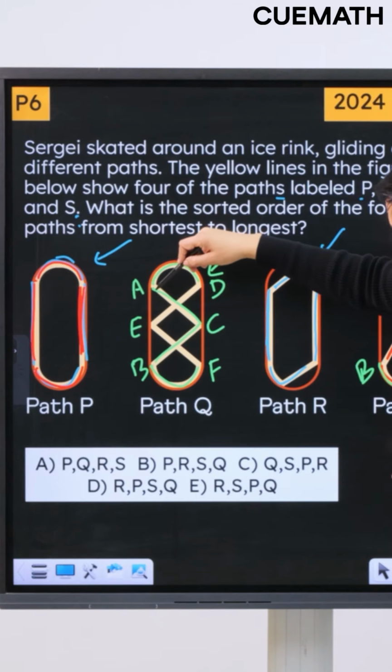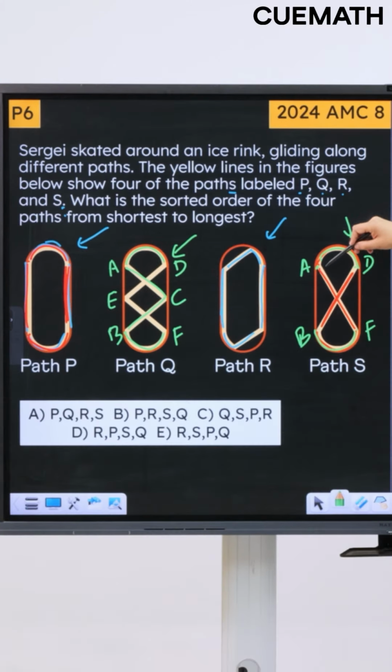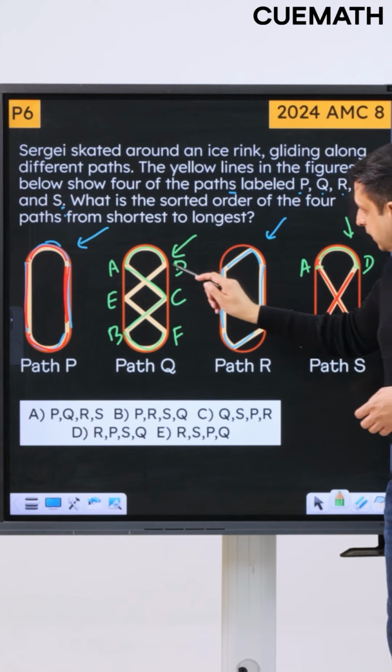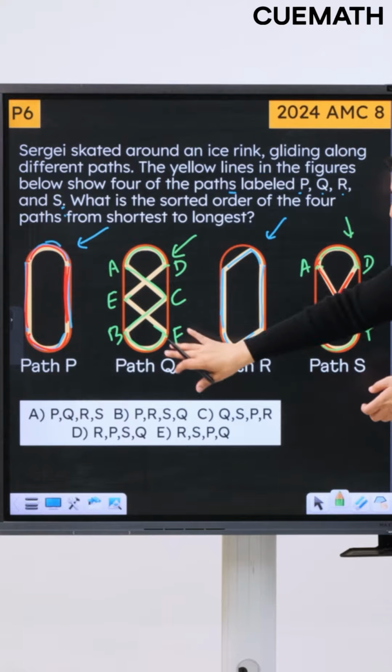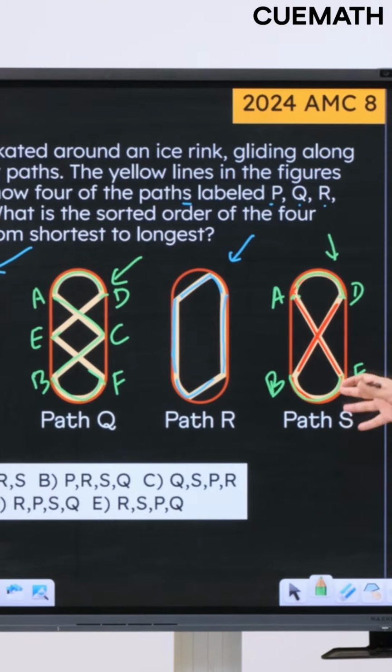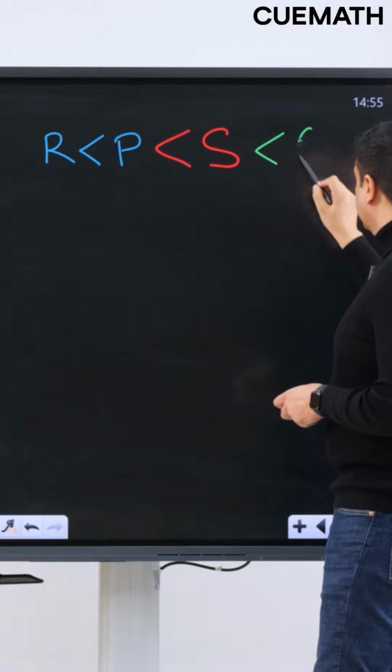So notice this length AC to CB, and corresponding to that we have AF in this case. So AC plus CB is clearly greater than AF, and similarly DE plus EF is clearly greater than DB. And now it's evident that path Q is longer than path S, or S is shorter than Q. So write it here, S is shorter than Q.